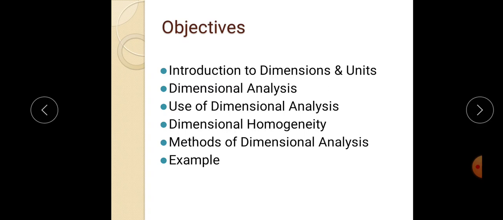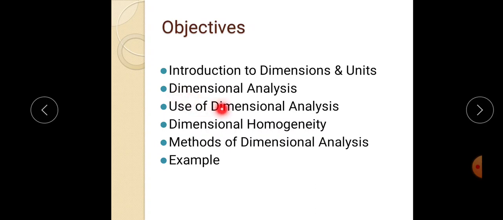Thereafter, I'll be discussing what dimensional analysis actually is, how we can apply this concept, and what the different methods of dimensional analysis are. We'll also see an example and different applications of dimensional analysis.